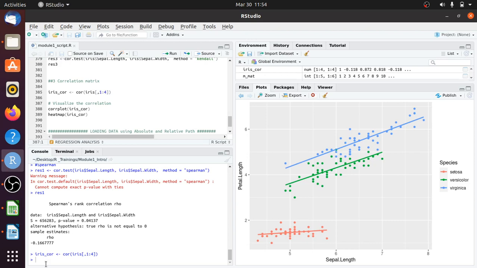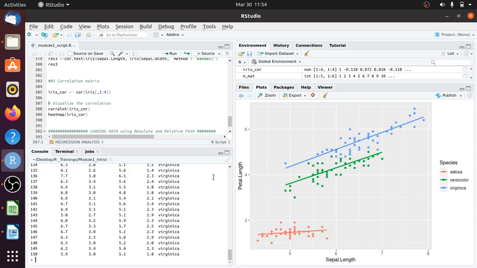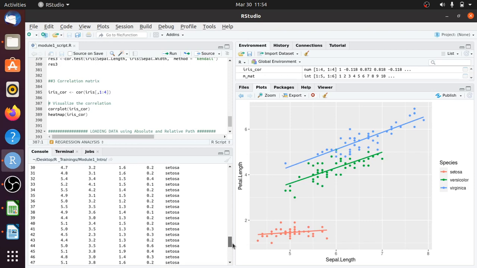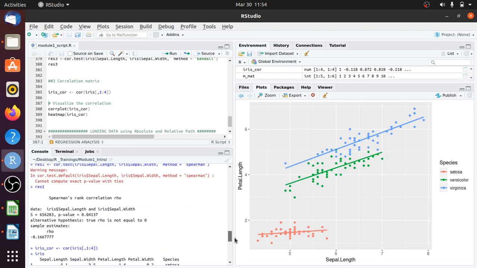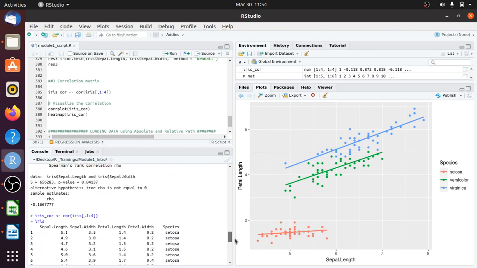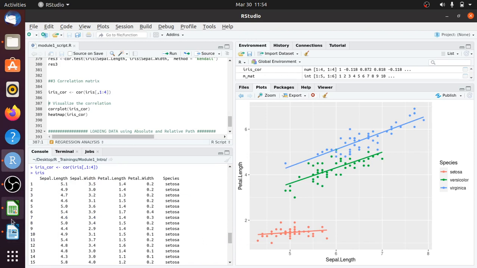Now let's see our iris, for example, so that you understand what we are doing. This is our iris. What we need is numerical data. I intentionally declared it so that you can understand. Normally I'm not supposed to do this; once I just use summary or names, I get what I want.